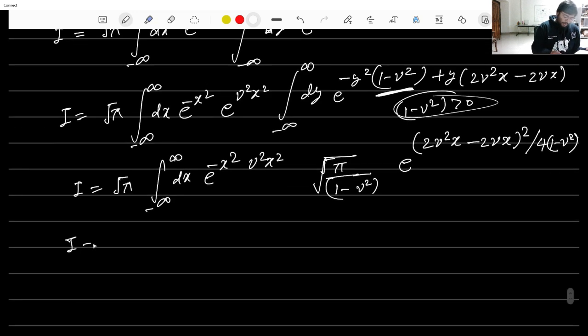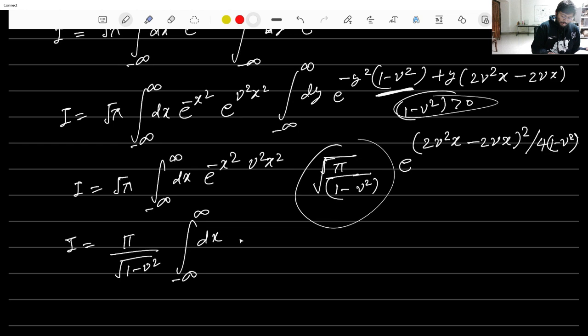So you take this factor outside so that it becomes pi by under root 1 minus nu square, and the integration is still remaining over x, e to the power minus 1 minus nu square x square. Fine. Okay.